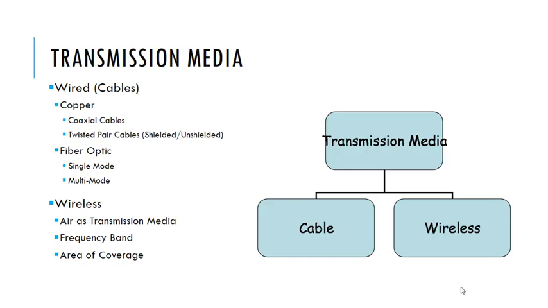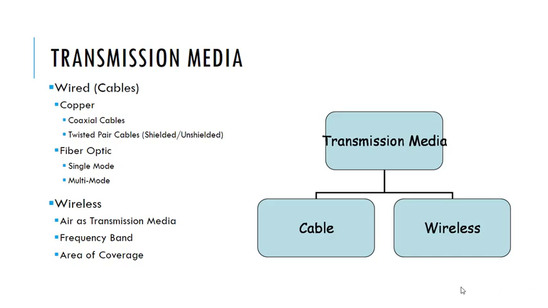The transmission media. The transmission media used by a computer network can be wired media, the cables, or wireless media using air as the transmission medium. The wired media, the cables, can be made of copper or of fiber optic. Copper cables can either be coaxial cables or twisted pair cables, and in turn the twisted pair cables can either be shielded or unshielded: STP, shielded twisted pair, or UTP, unshielded twisted pair.